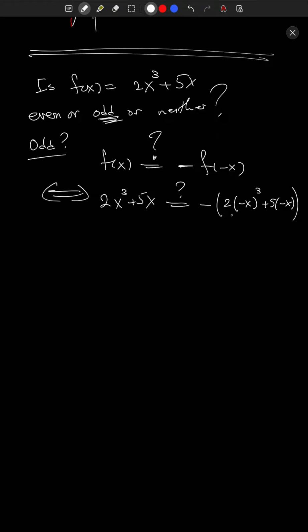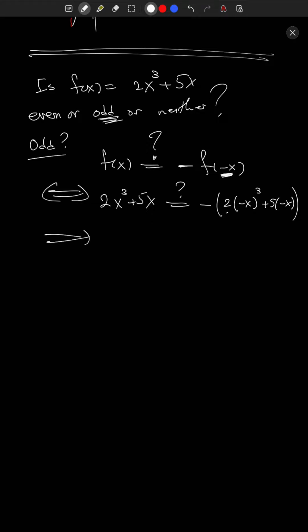So in this situation, you're giving me negative x, so I have to cube negative x, multiply by 2, and then add 5 times negative x. So you want to be very careful when you're working with functions, and understand the difference between f of x and f of negative x.